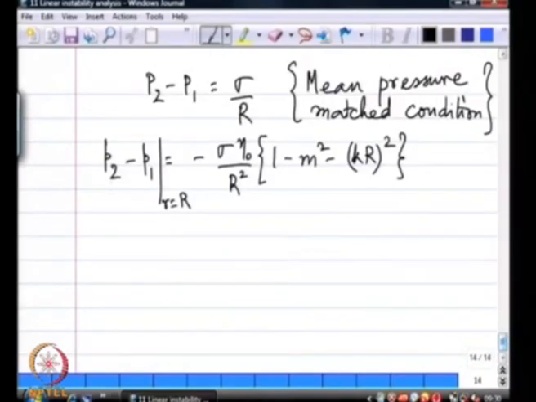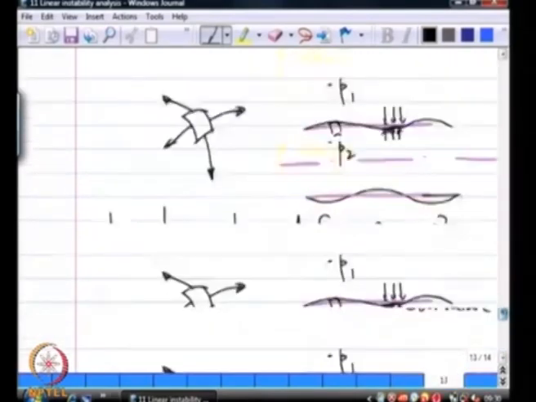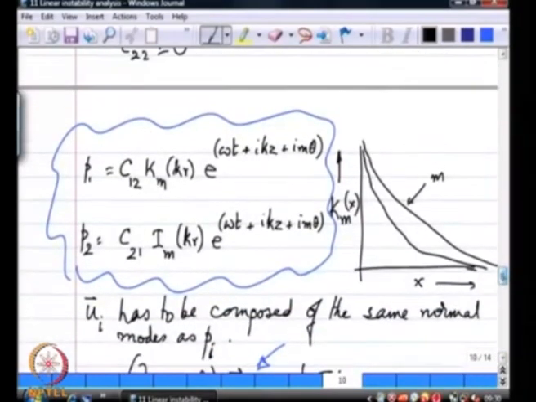So, I can take the P2 and P1 forms that we saw here, evaluate them for the condition that lowercase r equal to capital R. That gives us the pressure inside fluid 2 and fluid 1 at the coordinate r equal to capital R.